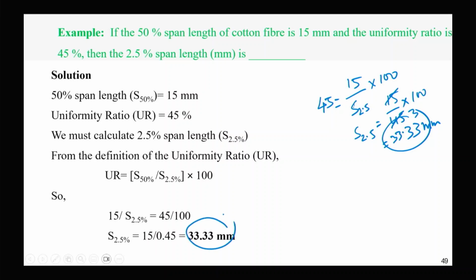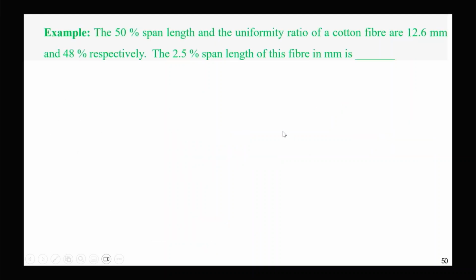In this way we can go on calculating. Our next numerical: the 50% span length and the uniformity ratio of a cotton fiber are 12.6 and 48%.